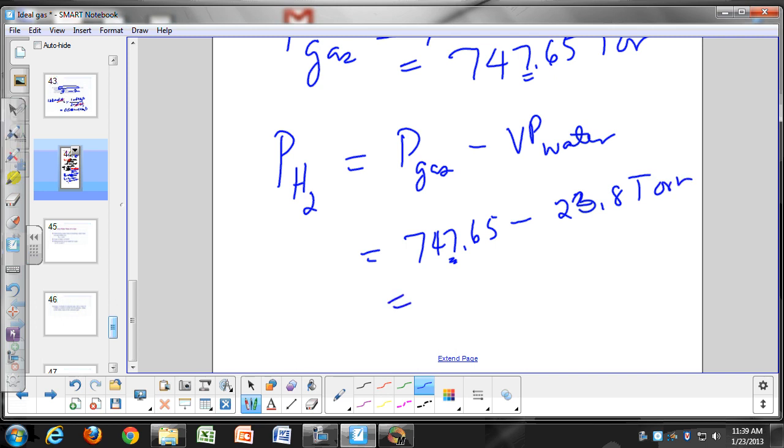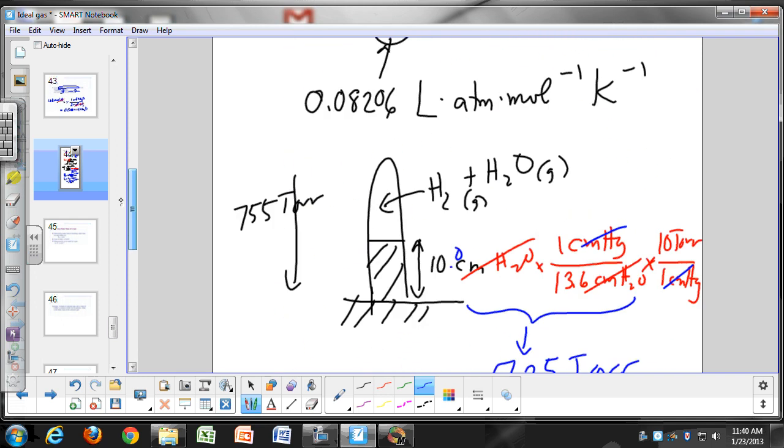So 747.65 minus 23.8 is how much? 723.85. My last sig fig is this one, right? So I have to remember I only have 3 sig figs. I can defer the round off so I don't build up round off error. So I plug that into the pressure of H2, so 723.85.